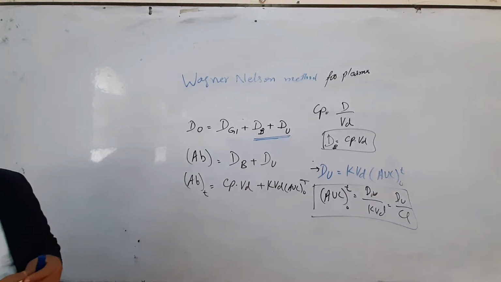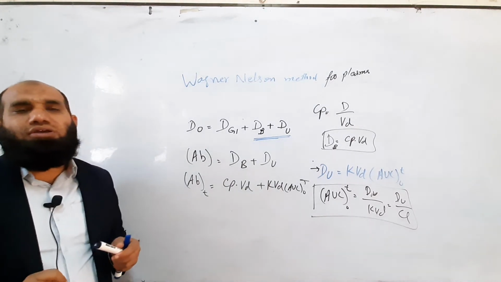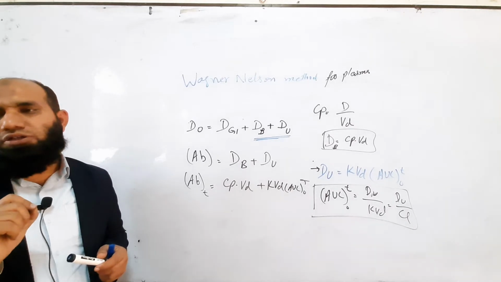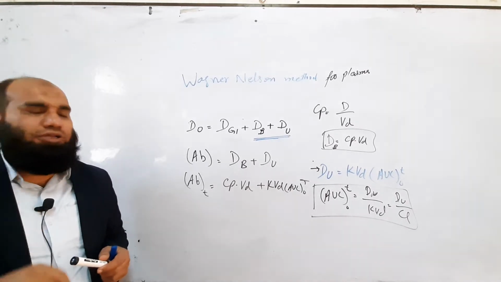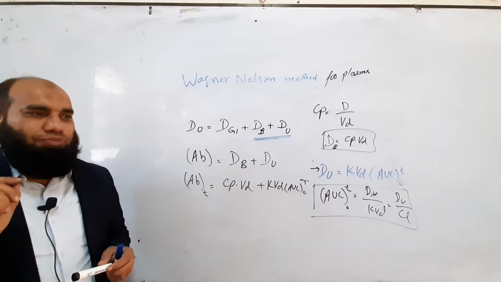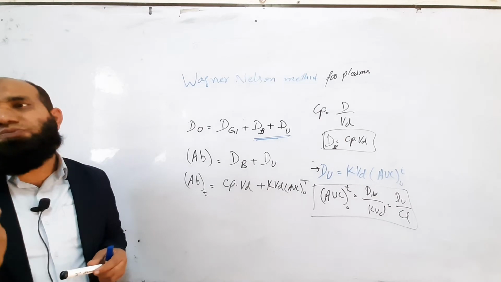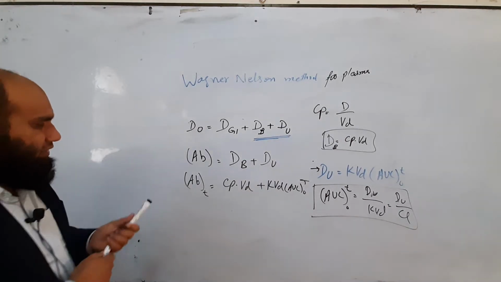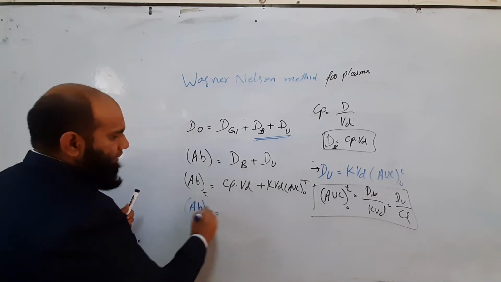Remember, I have already told you, the main focus in our Wagner Nelson method is to calculate the ratio of the drug which has been absorbed at a particular time to the amount of drug which would be absorbed at time infinity. Now as we move towards A_B infinity, what will happen?